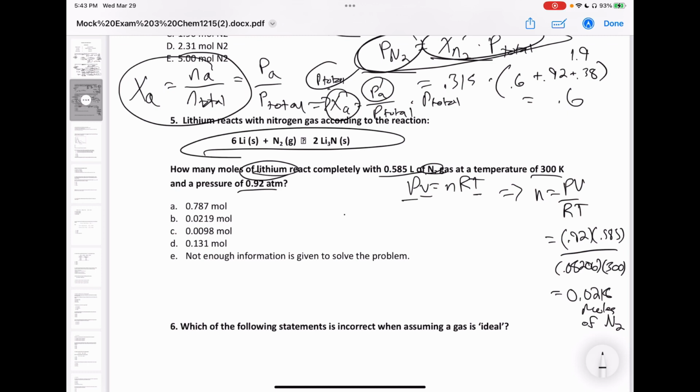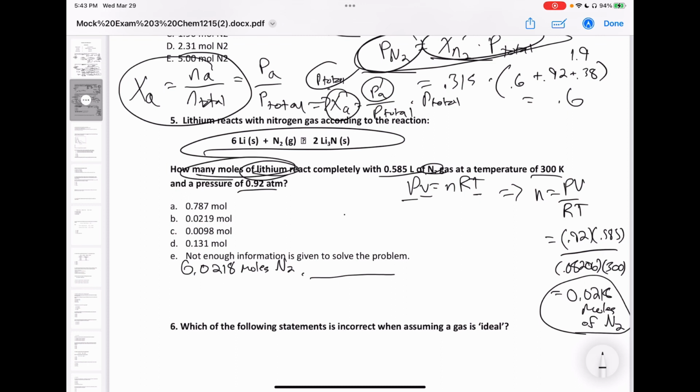It's the same exact thing. So start with your given, which is what we just found right here. So 0.0218 moles of N2. And then we're going to multiply that by something to cancel those moles of N2 out, and then find what we want, which is the moles of lithium.